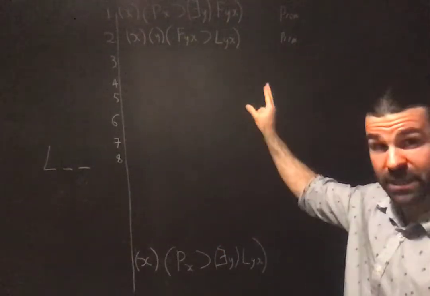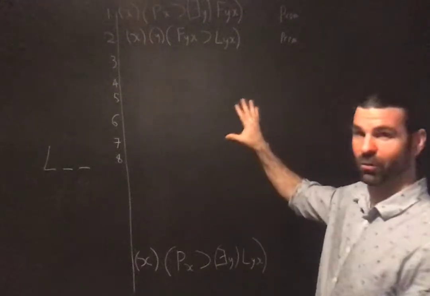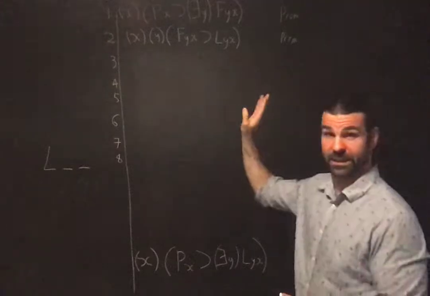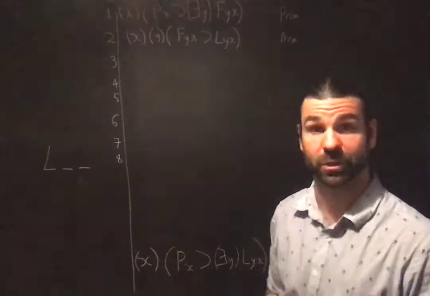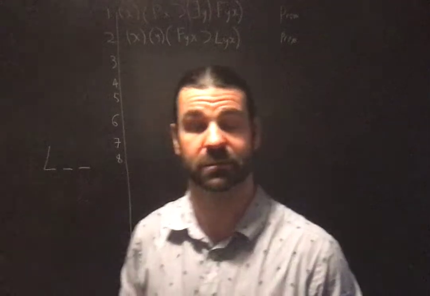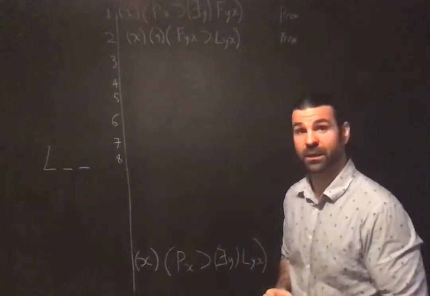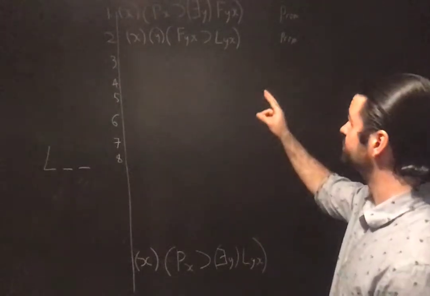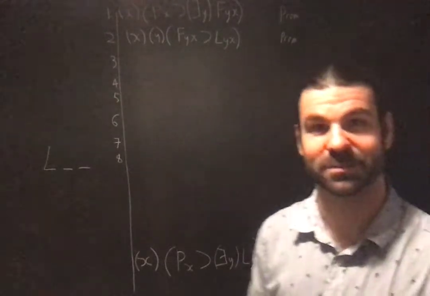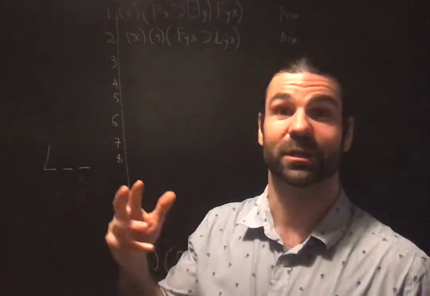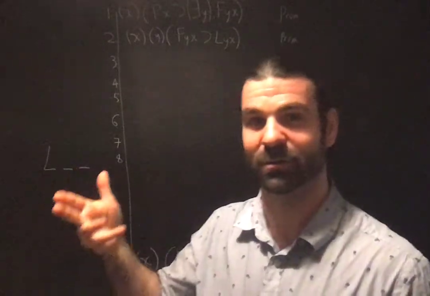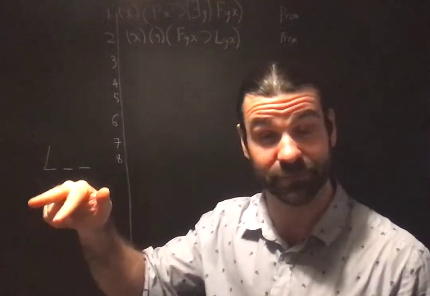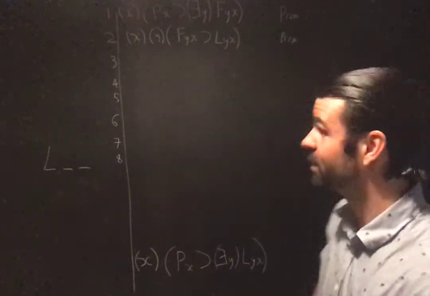So here, the form of premise 1 is, yes, in quantifier form. It is a universal statement, so I'm going to UI on it, maybe not right away. Often the whole proof comes down to universally instantiating to the right letter, so you have to think about which letter you want to instantiate to.